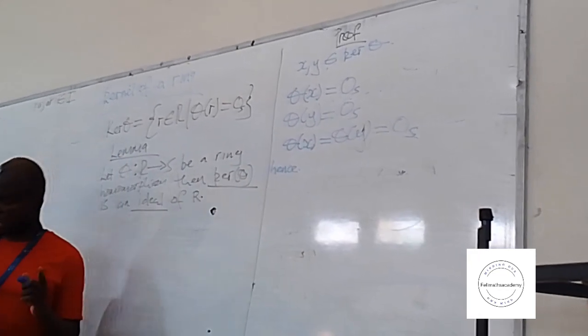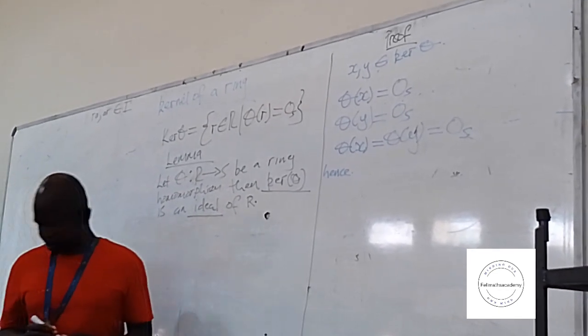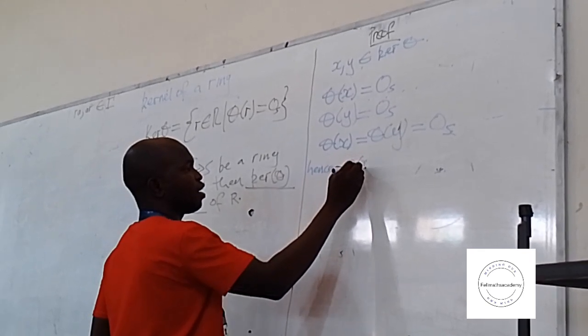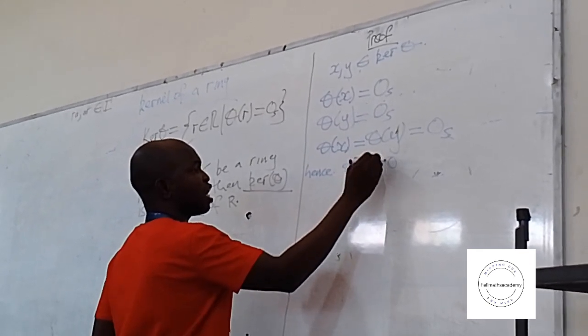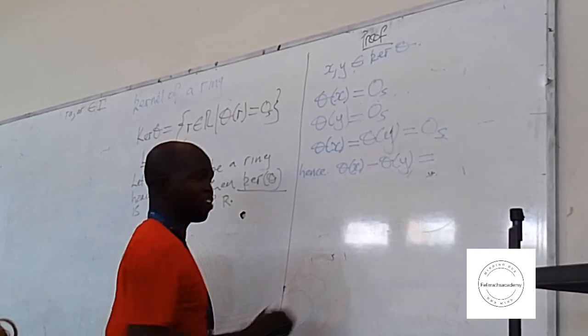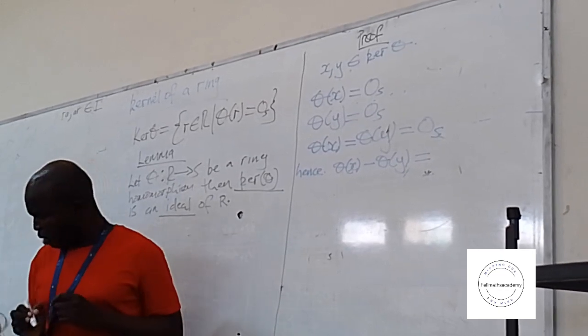We are stating the statement of homomorphism. Theta x minus theta y is equal to, according to the properties of homomorphism, what does this become?